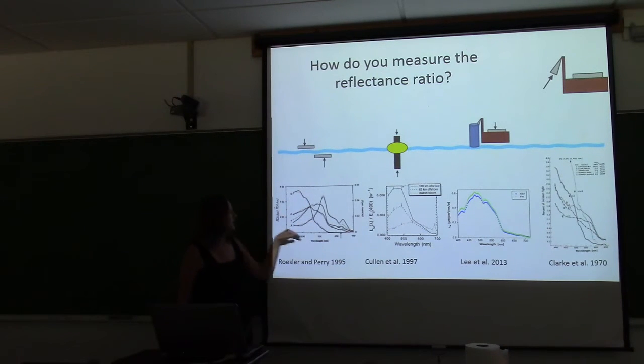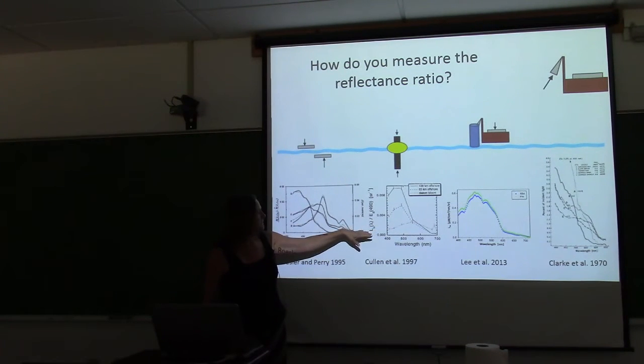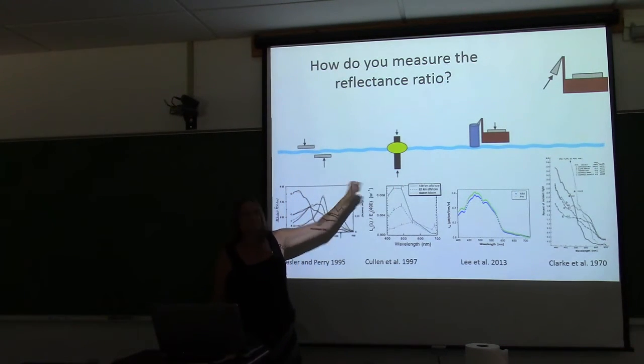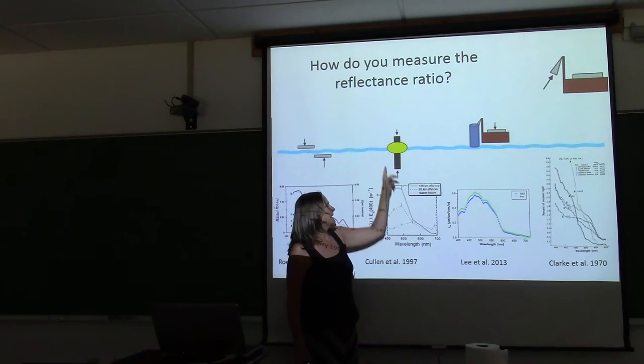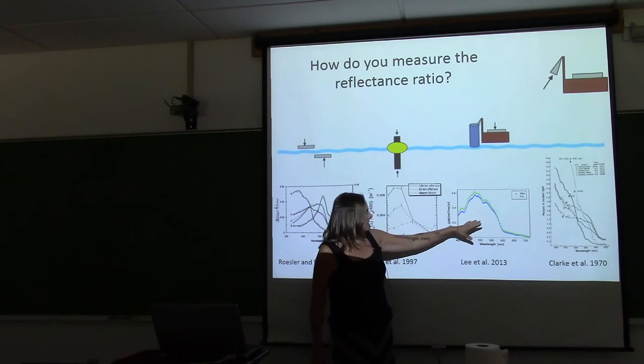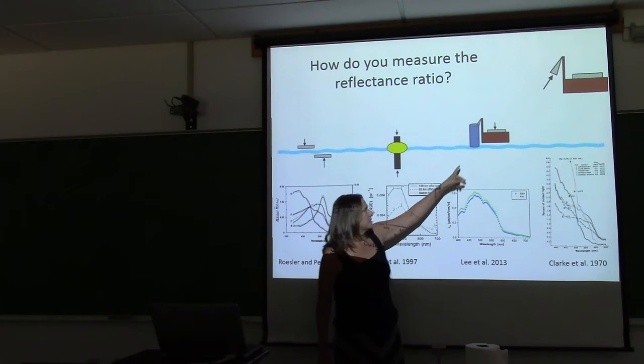This is wavelength. This is reflectance, which is the Eu over Ed. Here's an example of Lu over Ed. And this is something that you might measure with the TSRB or the HyperPro in buoy mode, where you have irradiance and radiance. This is an example of the upwelling radiance measured in this mode.